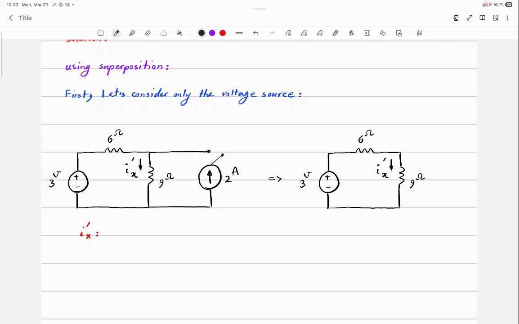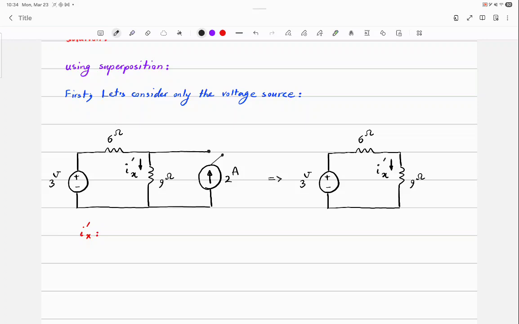I prime X is the corresponding contribution of the 3-volt voltage source in, or to, Ix. Did that make sense to everyone?